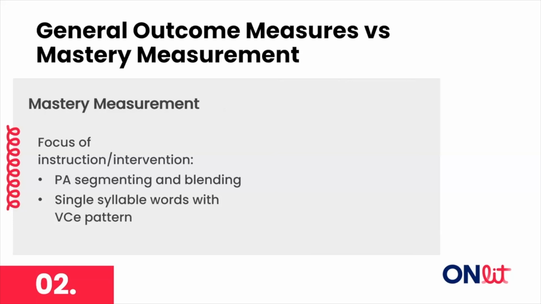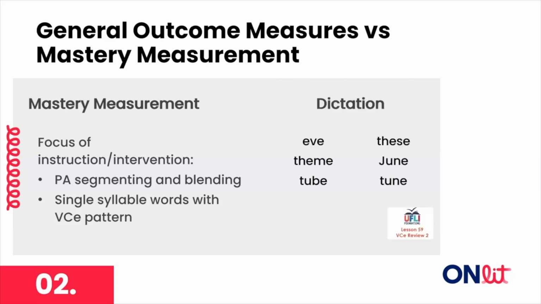In comparison, at the end of the week with this same group of students, a mastery measurement would be to have students do a dictation activity where you are asking them to spell words containing the targeted skill or letter pattern, so you can evaluate each student's understanding of and proficiency of that targeted skill.